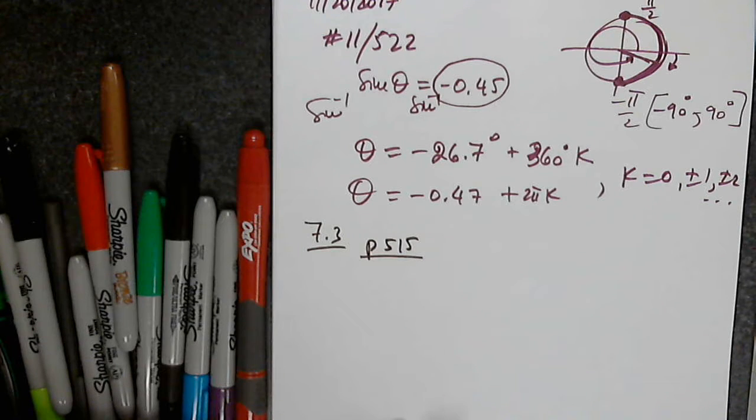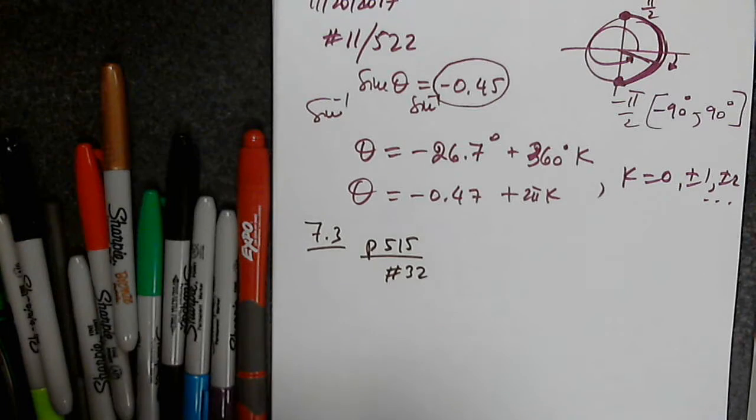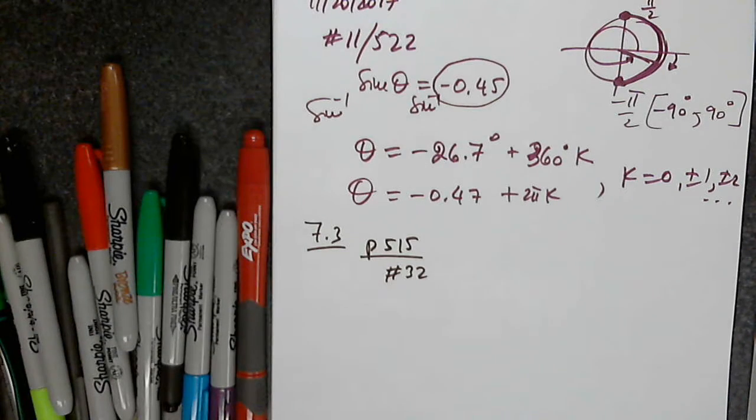We have like 32. Do I need the book? I'm disappointed about that file. Still thinking about it. So page, you said 515, problem 32. Yeah, sorry, we did 32. That's okay. Anything else? Yeah, let's do a 34.